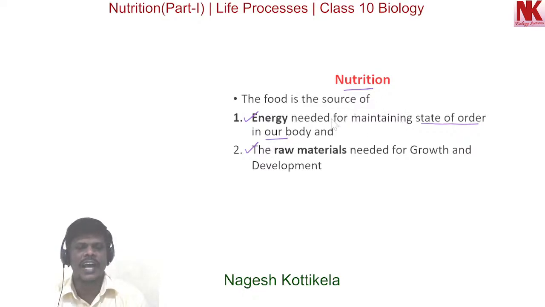So energy is needed for performing different activities as well as maintaining the state of order in our body. Food is also the source for the raw materials needed for growth and development in living organisms. There are different stages of development in living organisms: childhood, adulthood.